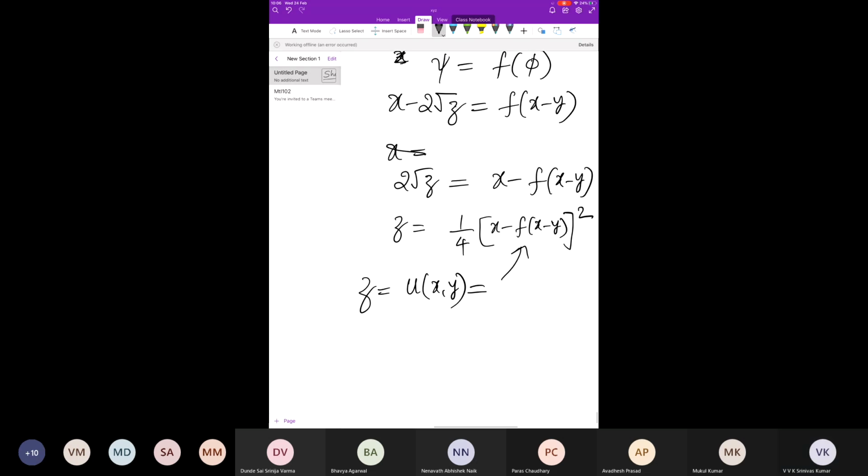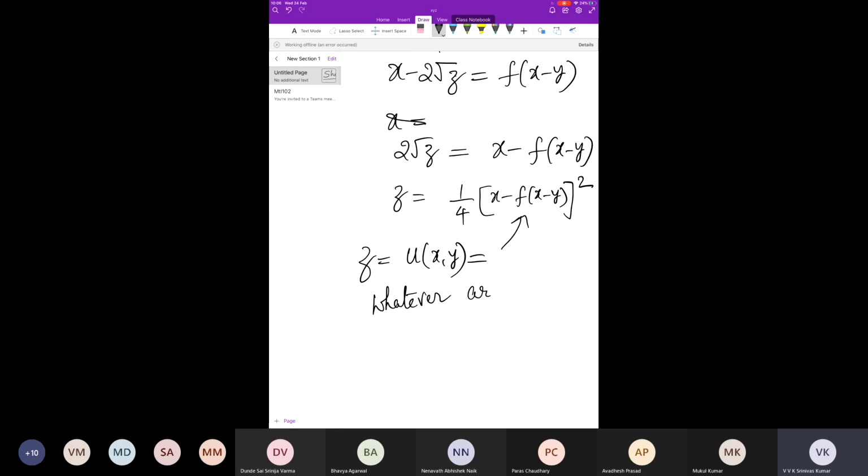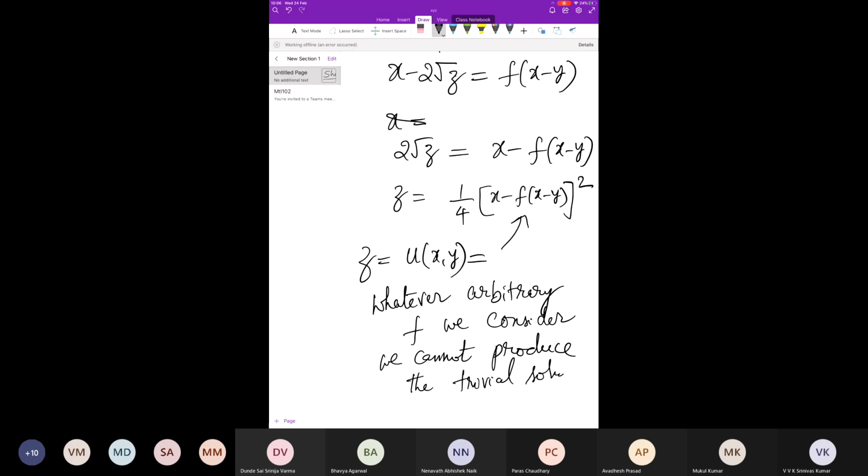From here, whatever arbitrary function f we take, we cannot produce the trivial solution z is equal to 0.